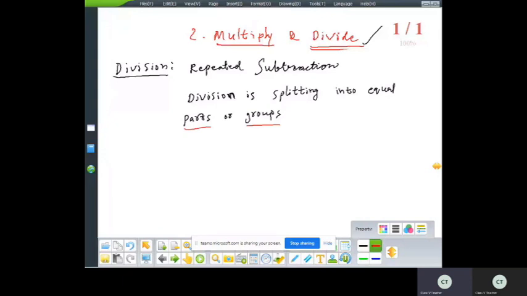The symbol of division is ÷, or forward slash.